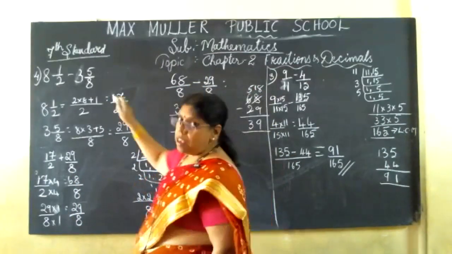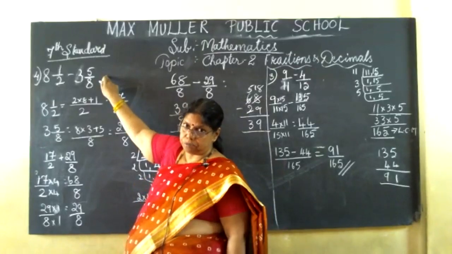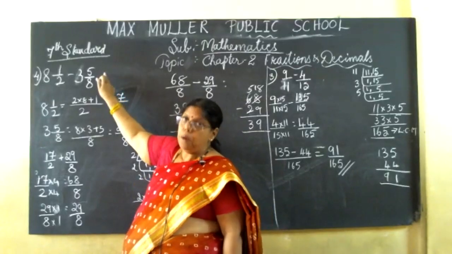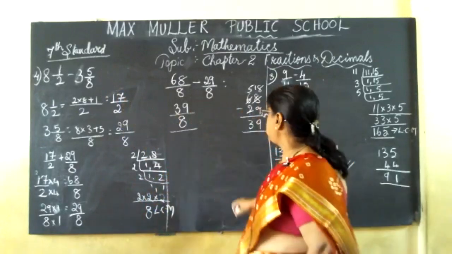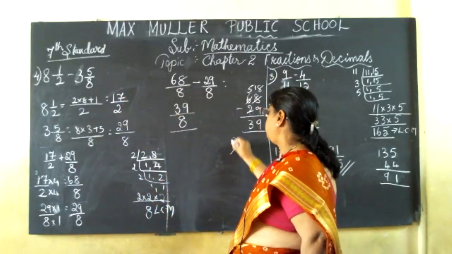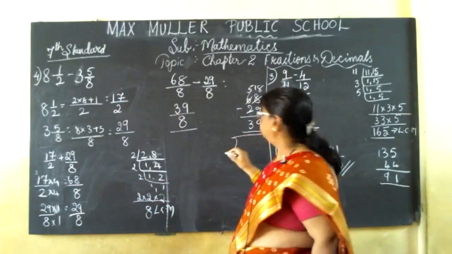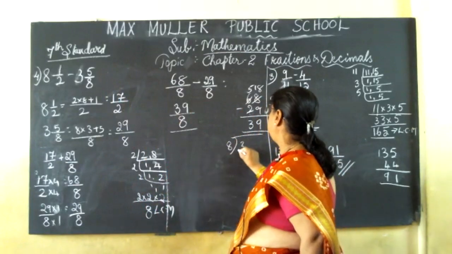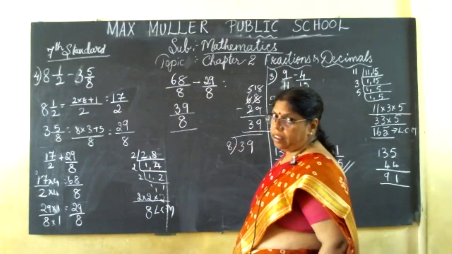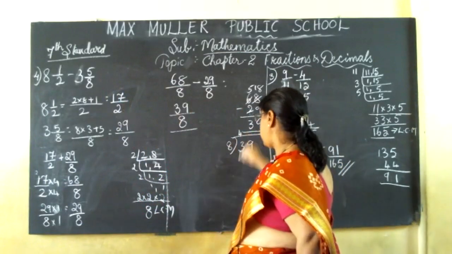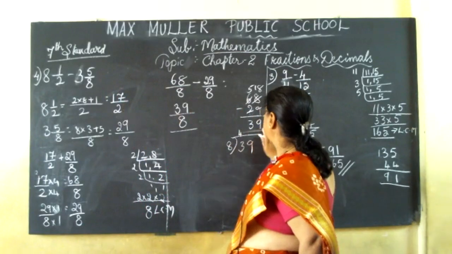Now, as the sum is in a mixed fraction, we have to convert this into a mixed fraction. How we will convert? By dividing 39 by 8. Which one will we get? 8 fours are 32.